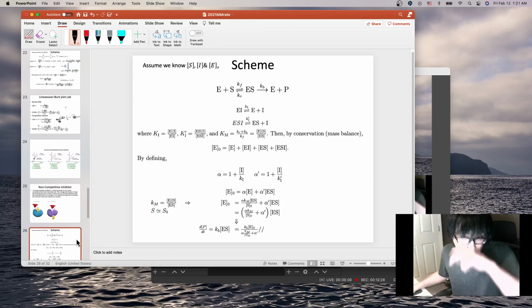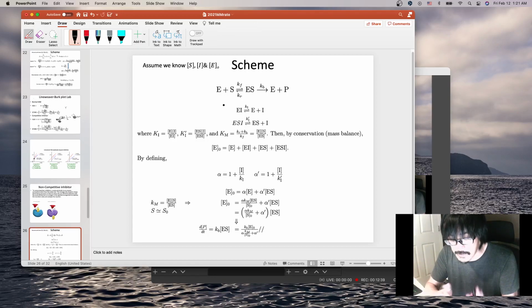Now, this one depends on who you talk to, but probably the natural thing is that you can make them completely independent of whether the S is attached or not. This inhibitor can attach to the enzyme, so the inhibitor can attach to the free form of E and to ES at the same time.